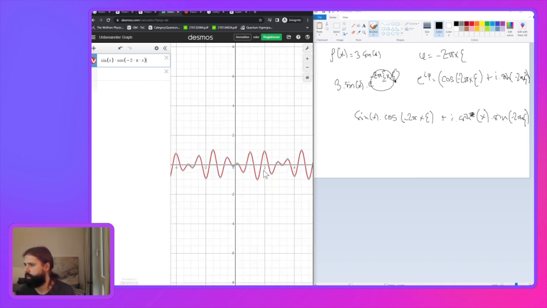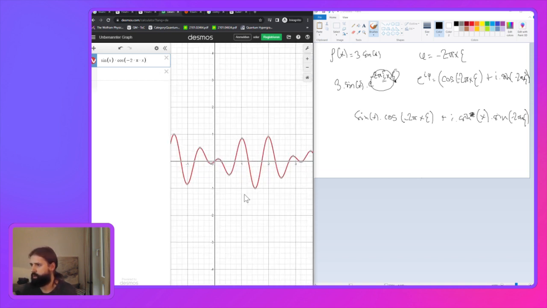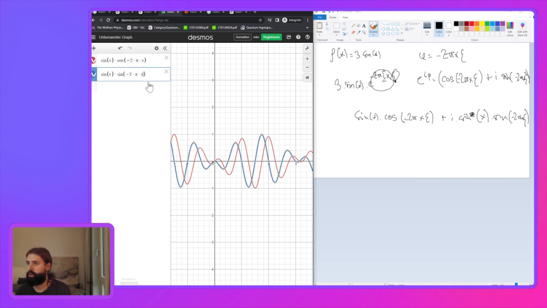Let's zoom in here. So what is this doing? So this looks like that. And then the complex part looks like minus 2, no, minus what? That thing over here, right? So it's the same, just a little bit phased. Interesting.